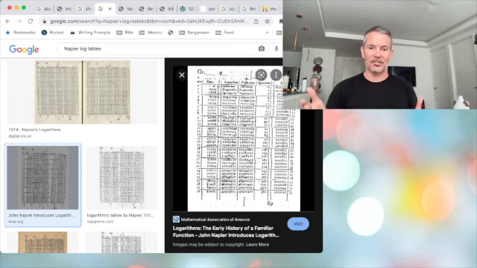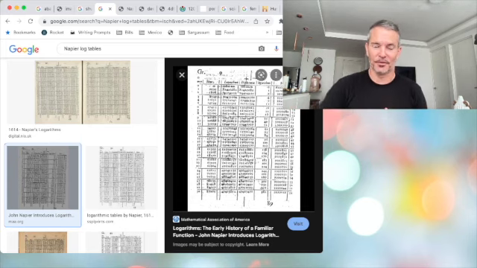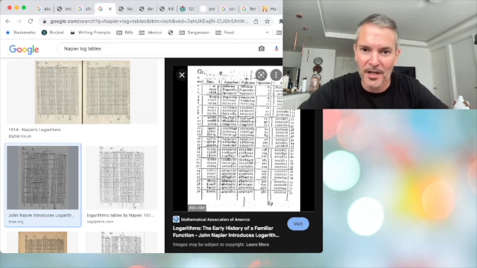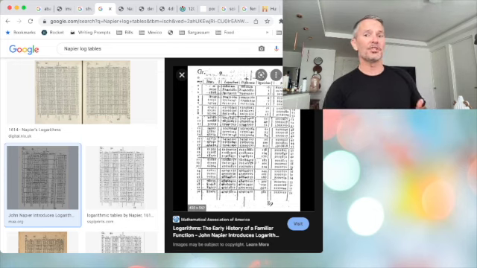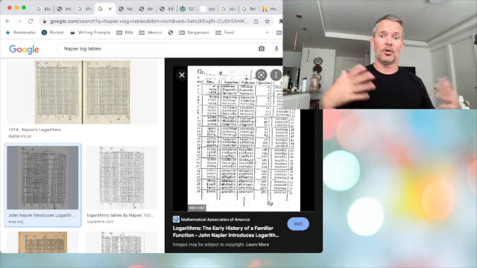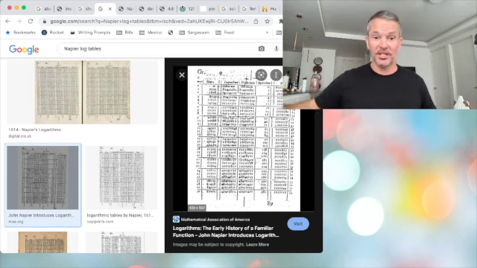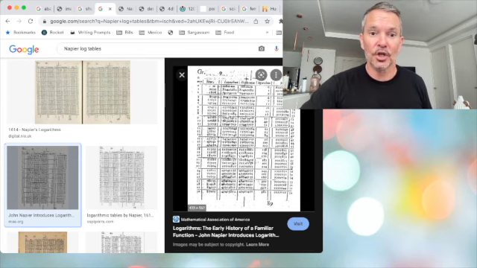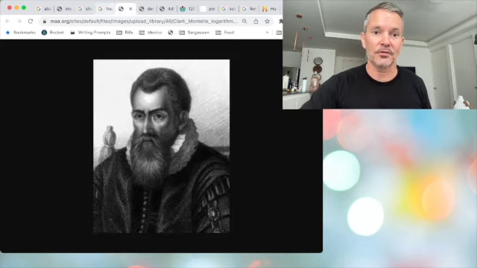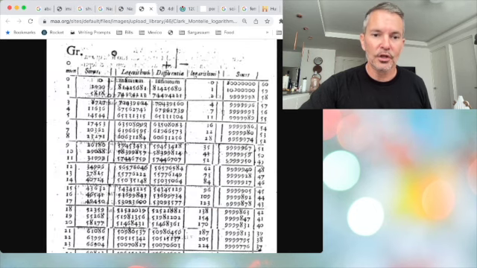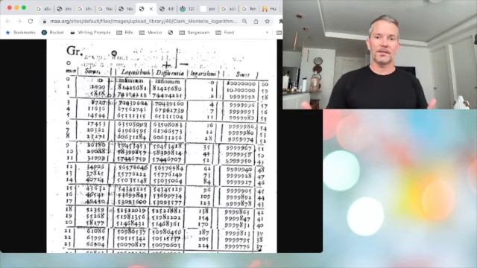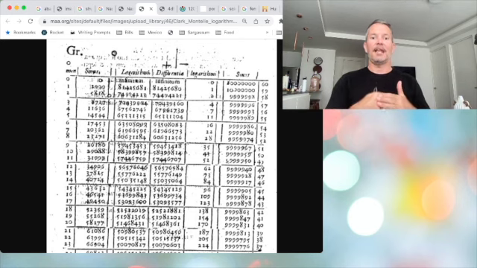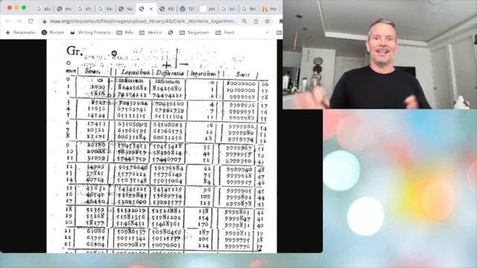So let me show you an example of what people were actually using to do these processes. This is a page, an excerpt out of a really old logarithm book, one of John Napier's books, and you can see here there were tables of numbers that represented the logarithms of all the known numbers up to a certain number of digits. In this book, you could look up in a table what the logarithm was, add the two numbers together, and then there would be another table to do the reverse lookup and ask the question, of what number is this the logarithm?